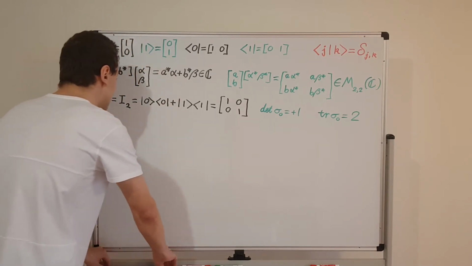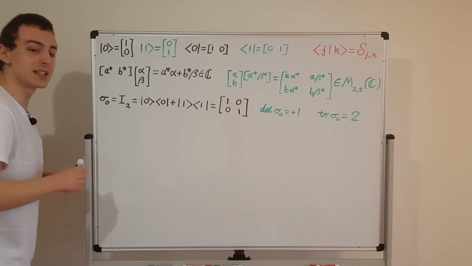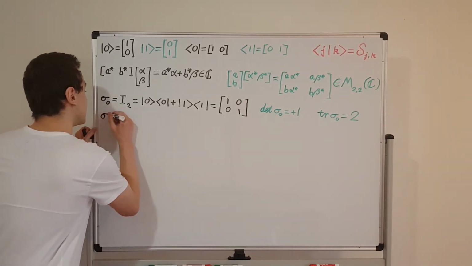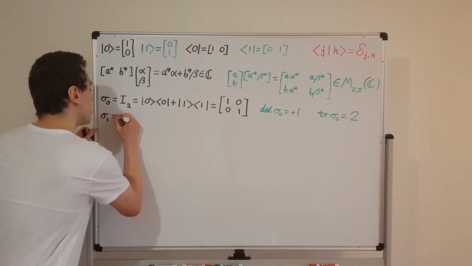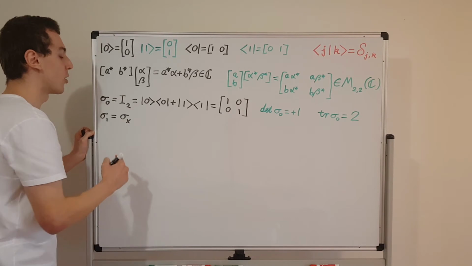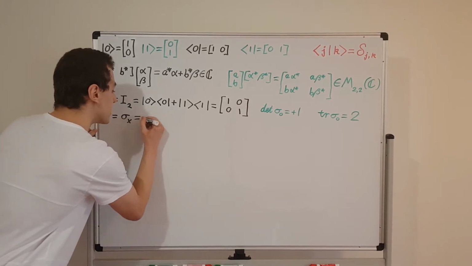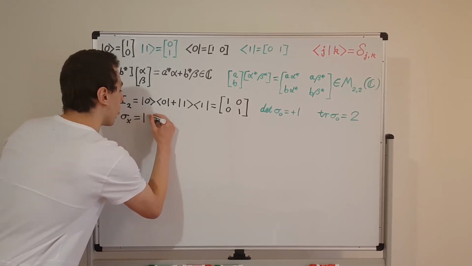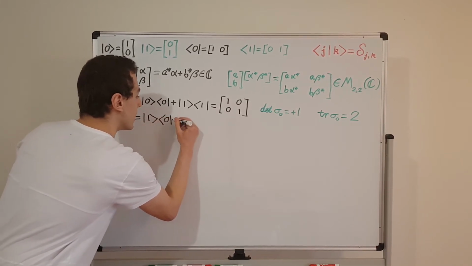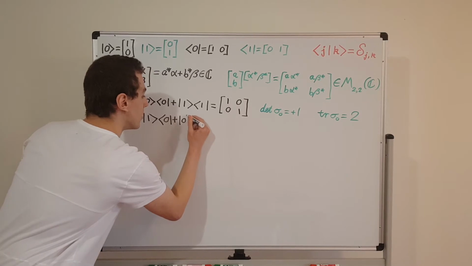Now we have sigma 0, so the next one is going to be sigma 1. So I'll write sigma 1 underneath. Sigma 1 is also known as sigma x. This is the Pauli x operator. And it is written as Ket 1 Bra 0 in this outer product plus Ket 0 Bra 1.